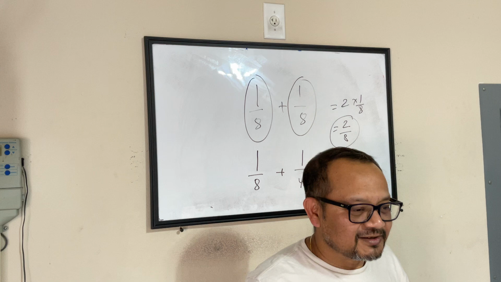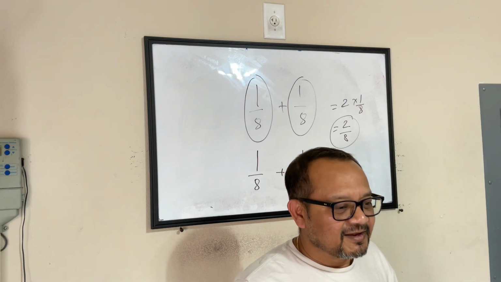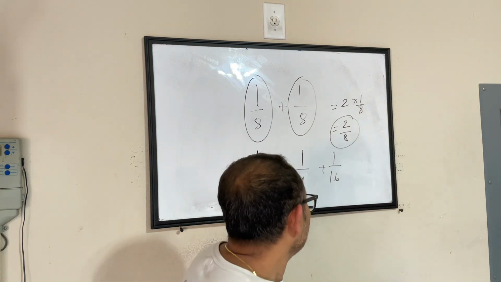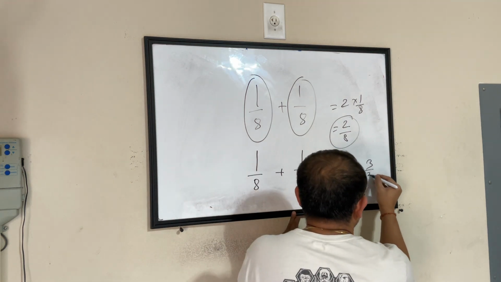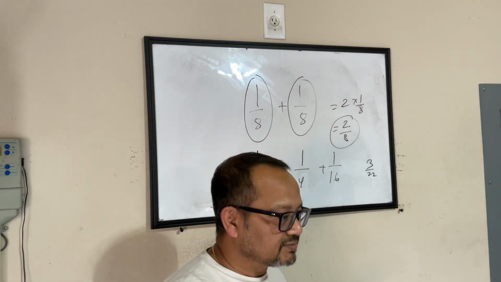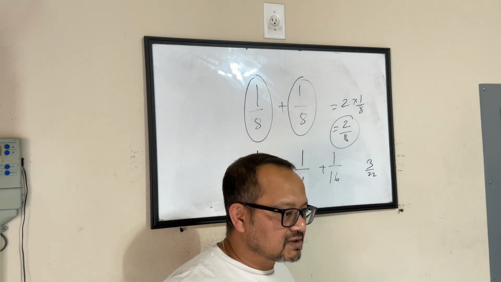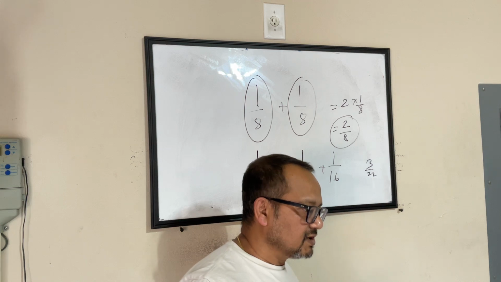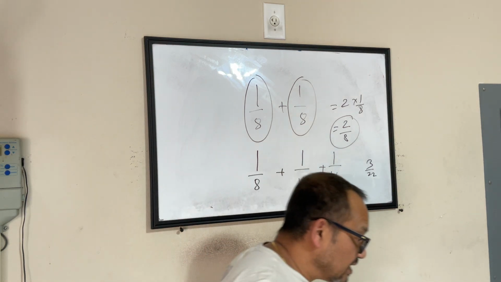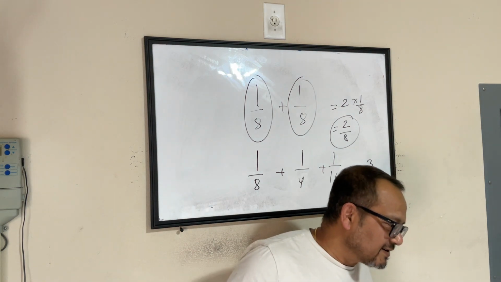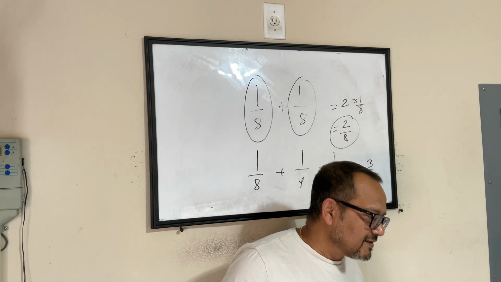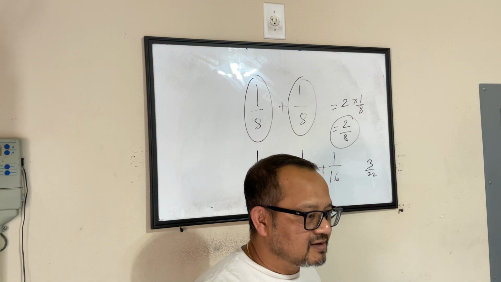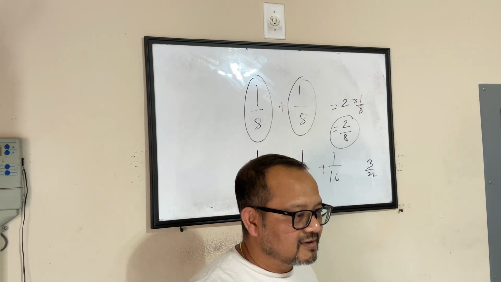Yes, Sohina. So 3 by 22. Okay. Any other answer? 3 by 28. Where? I want to see it. Yeah, add these and then, yes, Joy. 3 by 28.